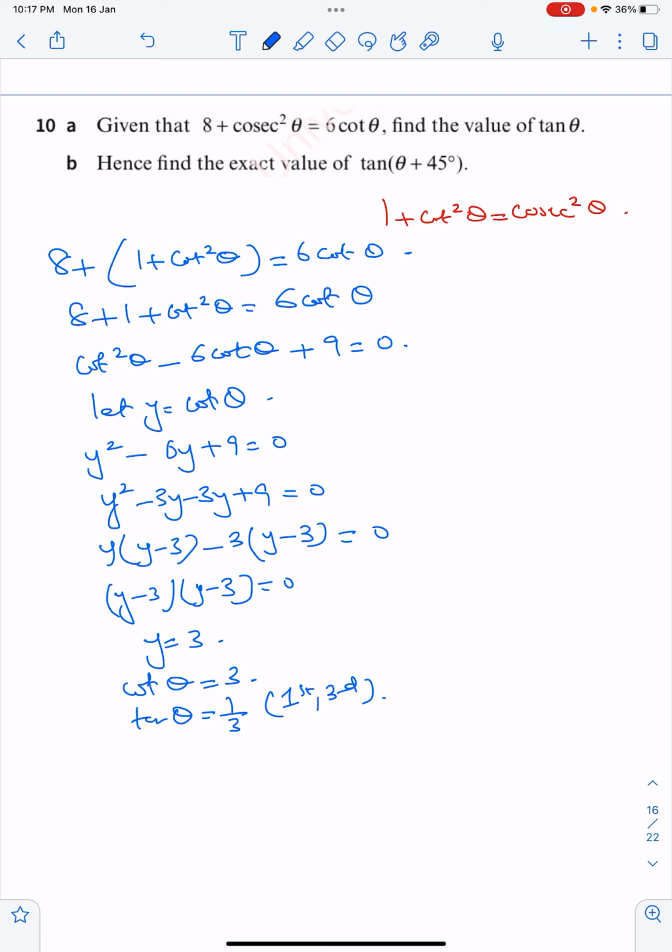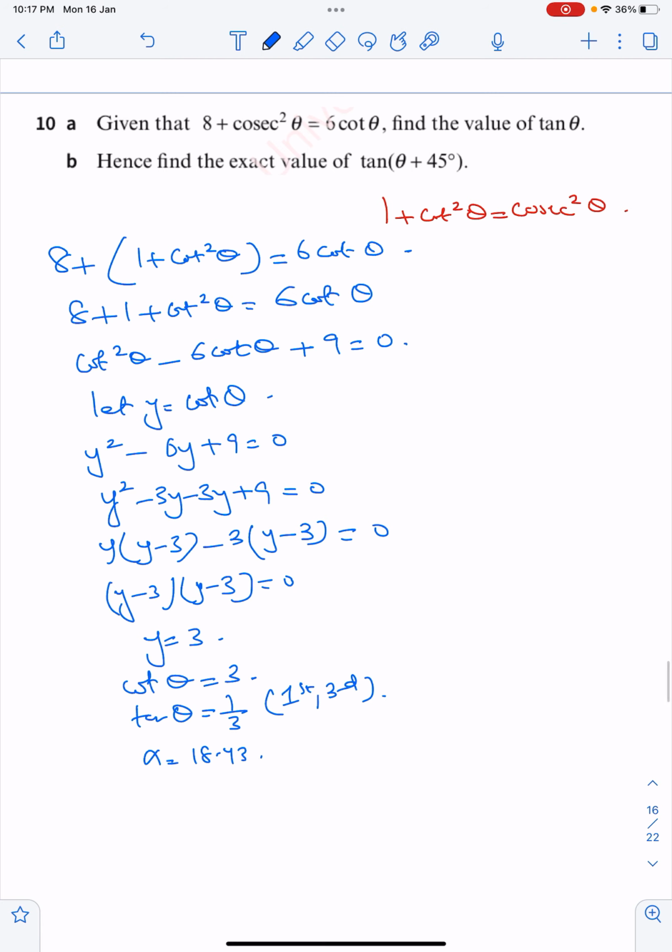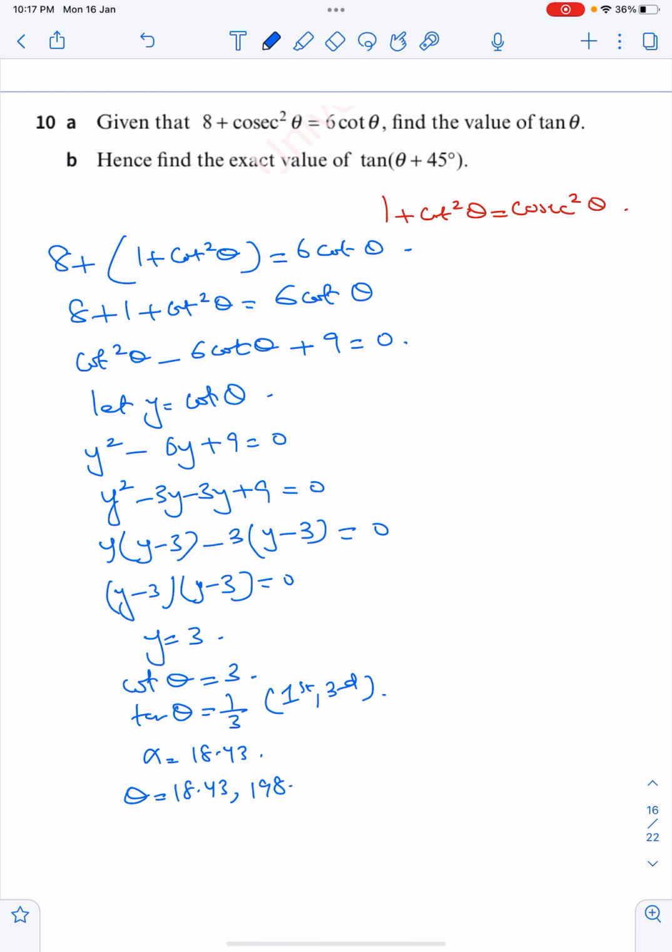Tan inverse of 1 upon 3, 18.43 is the basic angle. So in the first quadrant it will be 18.43, and in the third quadrant it will be 18.43 plus 180, which is 198.43. So the answer for theta is, up to 3 significant figures, 18.4 and 198.4 degrees.